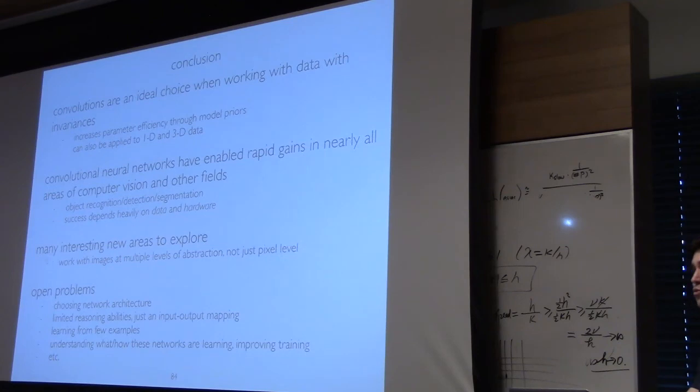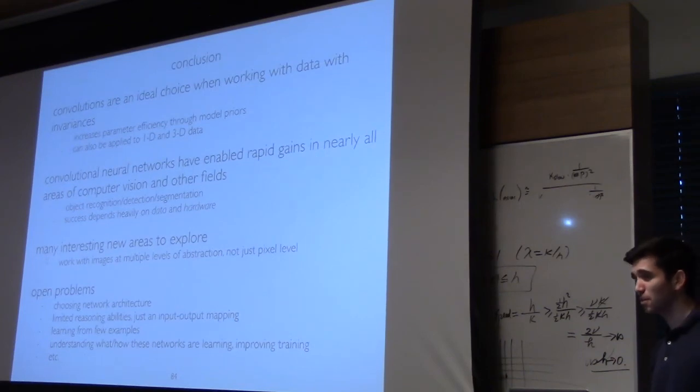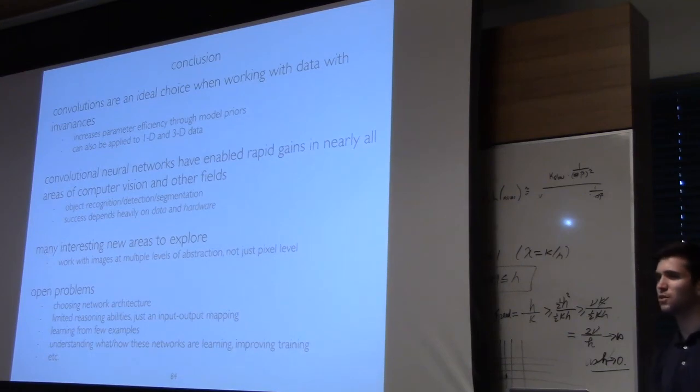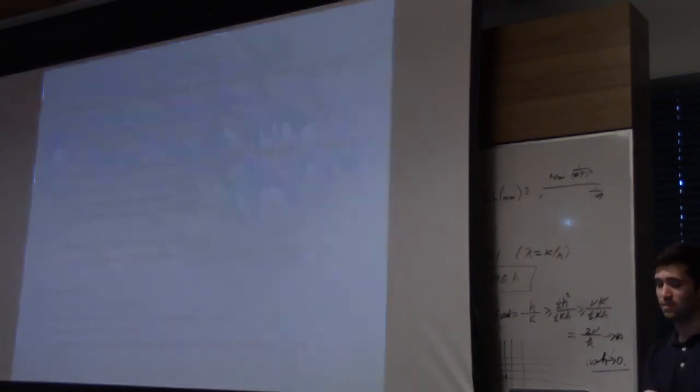Making them able to learn from very few examples. This is one thing neural networks are just notorious for, that they need a lot of examples per class. So there's a lot of work being done on trying to fix this problem. And then really just understanding what they're doing, how they're learning, and developing a more sound theory of how to train one of these things.